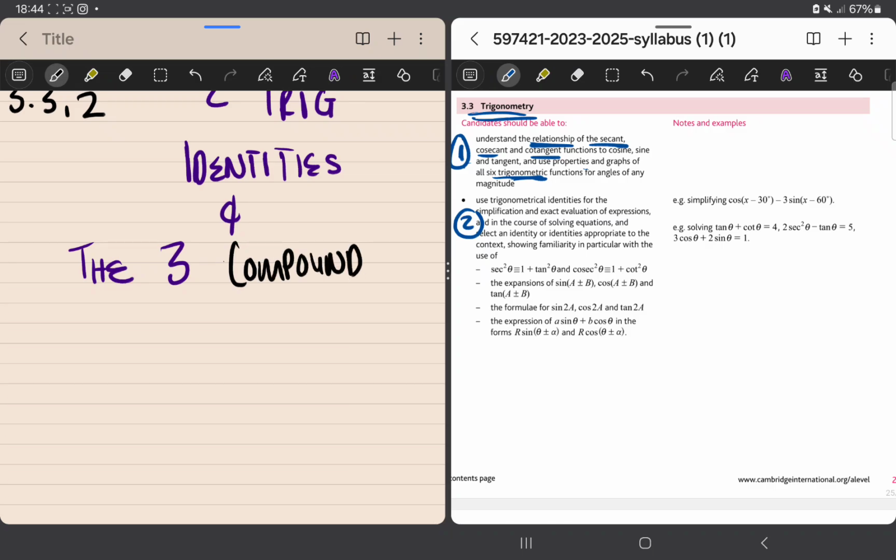So you can say compound angle formulae, and the 3 compound angle formulae.